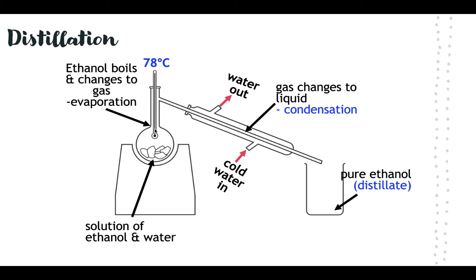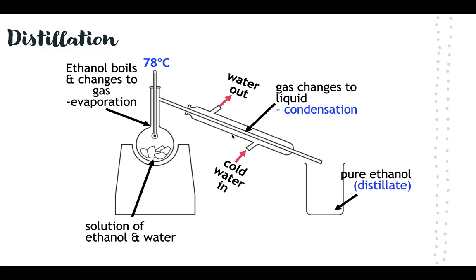The gas will travel up the flask and down through this pipe here. This pipe is surrounded by a sleeve which brings cold water in at the bottom and pumps it out at the top. It makes this part of the pipe extremely cold, much colder than the 78 degrees from our beaker.